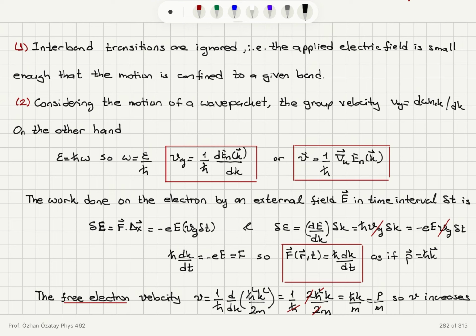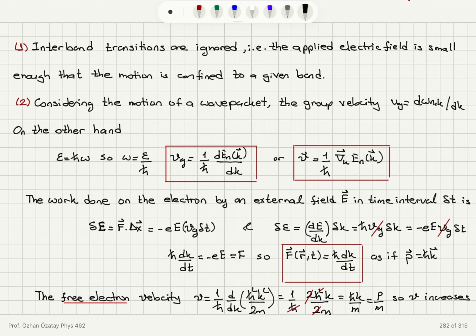The force on the electron will be minus electron charge e times the electric field E, and since the electron will move parallel to the electric field, the displacement that we have in a time interval delta t is its group velocity multiplied by delta t.